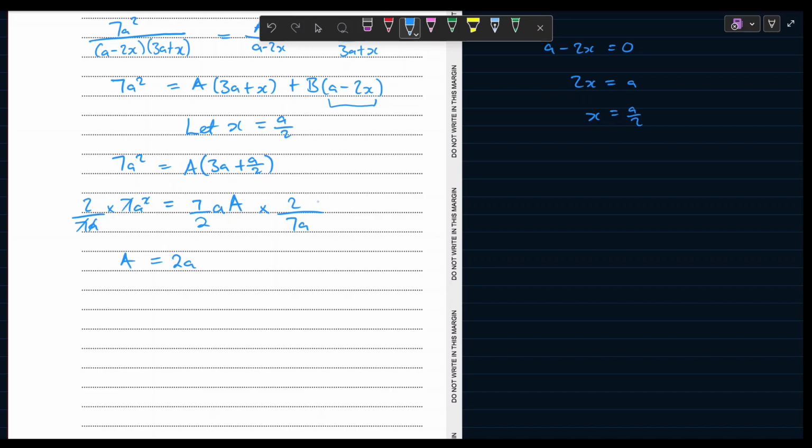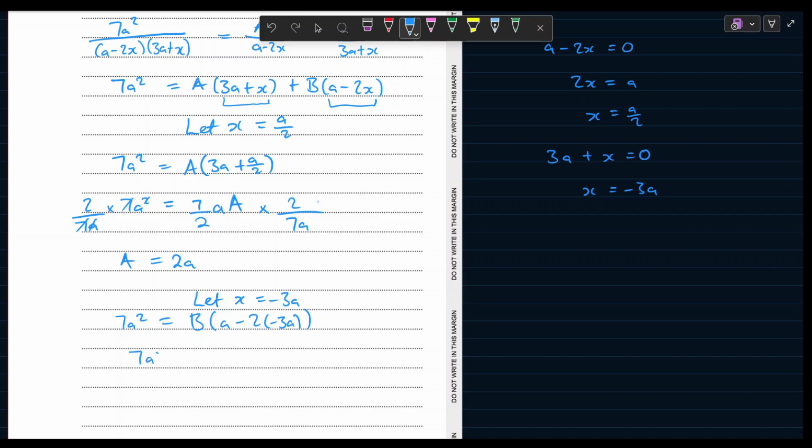And now we want to evaluate B instead, so we want the x value that makes that bracket 0. So 3a plus x is equal to 0, so x must be equal to negative 3a. So we can say let x equal negative 3a, and so you get that 7a squared is equal to, remember we're evaluating B because this becomes 0, so B times a minus 2 times negative 3a.